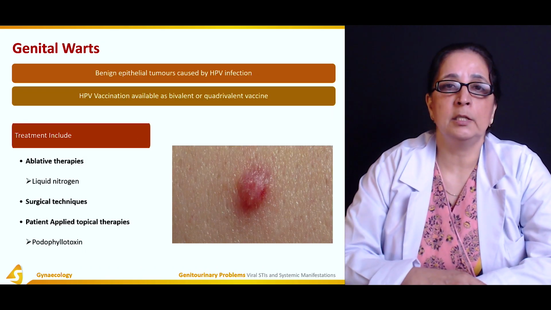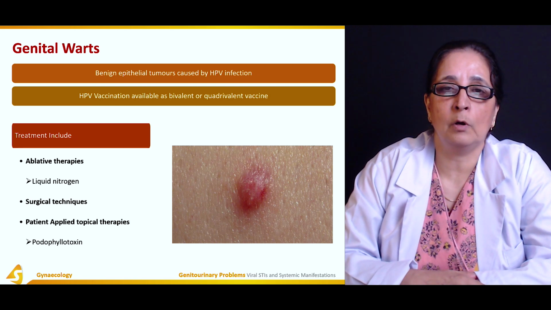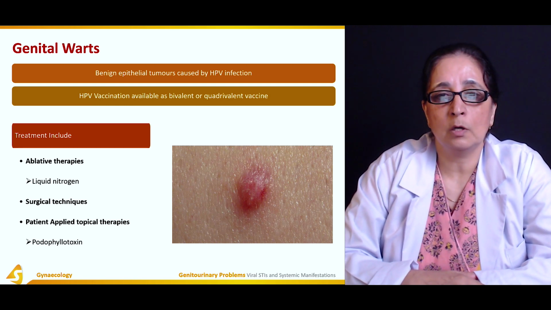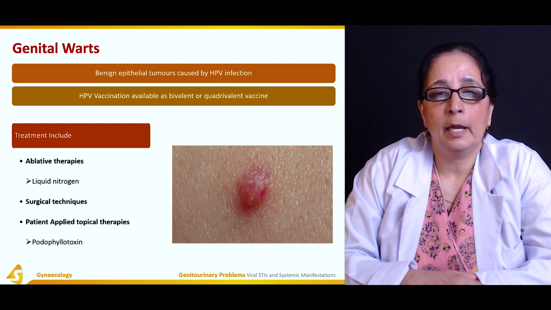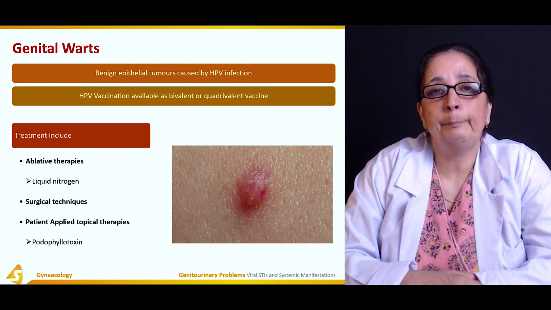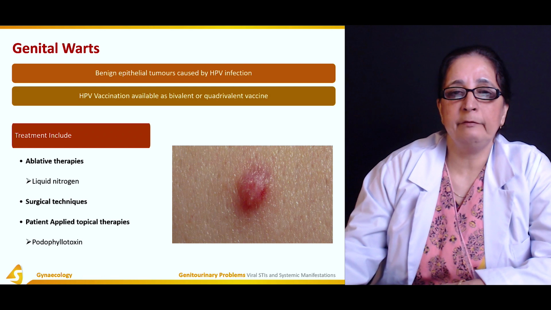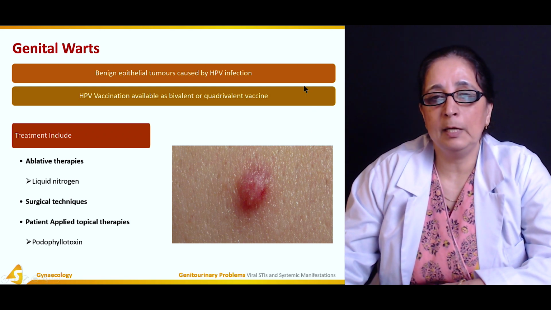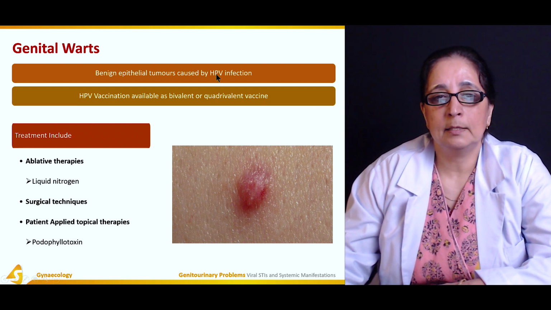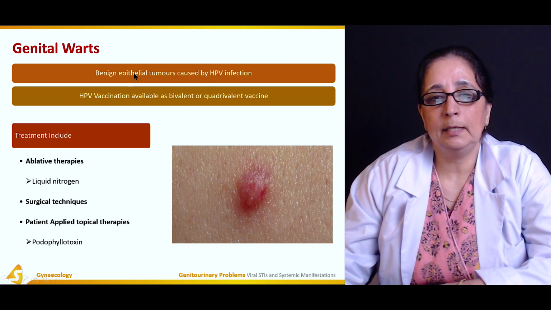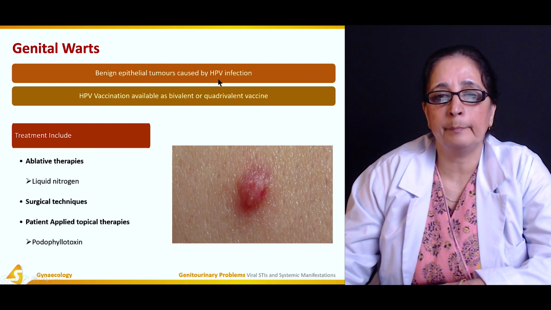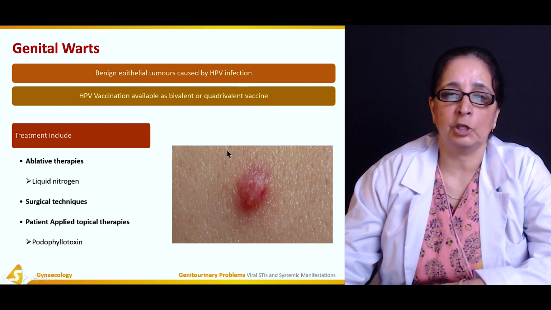Genital warts. Genital wart is another form of infection caused by a virus, and it is caused by the papilloma virus, HPV, human papilloma virus. It's a benign epithelial tumor caused by HPV infection.